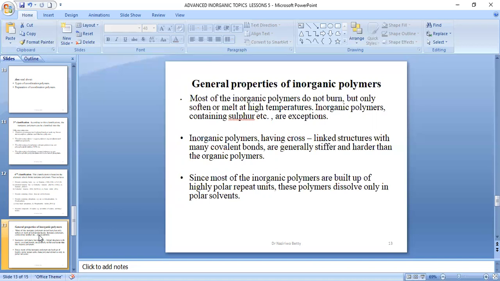The next one is, since most of the inorganic polymers are built up by highly polar repeated units, these polymers dissolve only in polar solvents, unlike organic polymers, which dissolve in non-polar solvents.